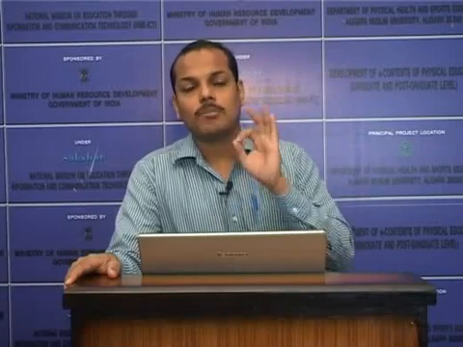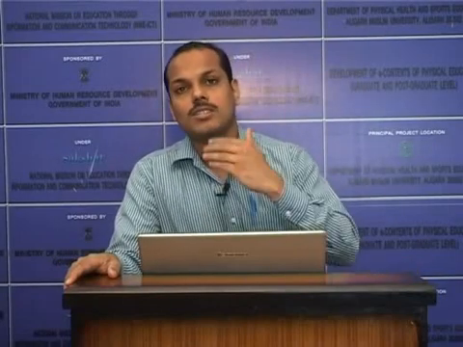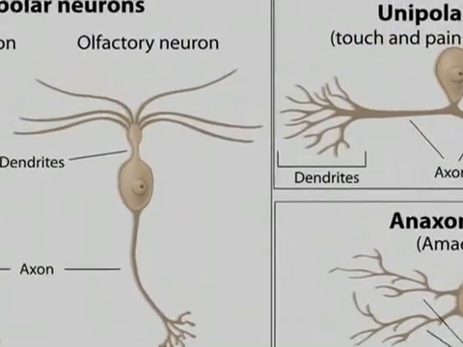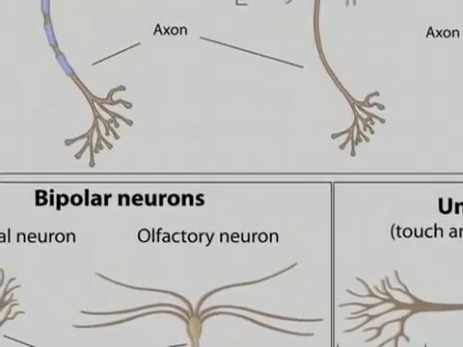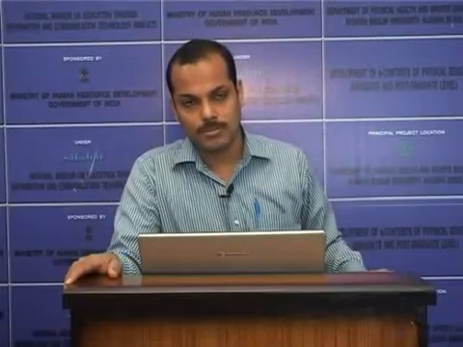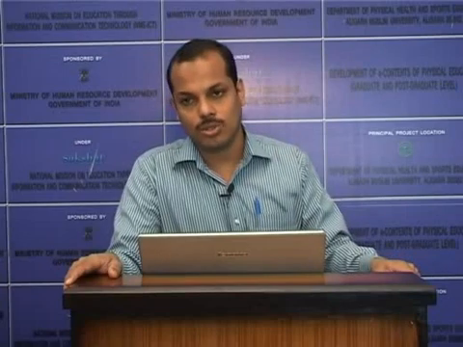Now, like we discussed about the nerves, there are different types of neurons available. That is mainly based on the location and direction of the neuron which conducts the impulses. There are mainly 3 types of neurons. The first one is the sensory neuron.